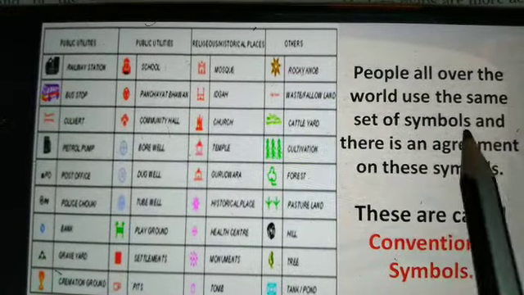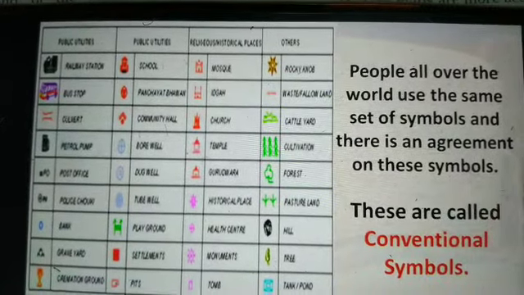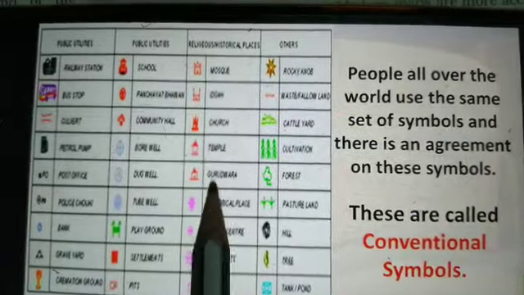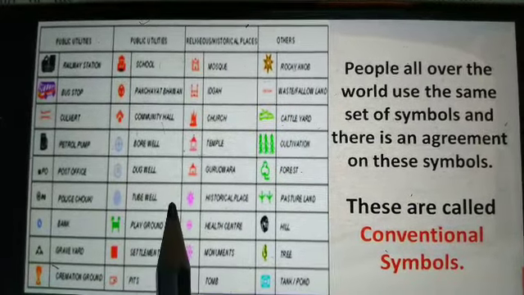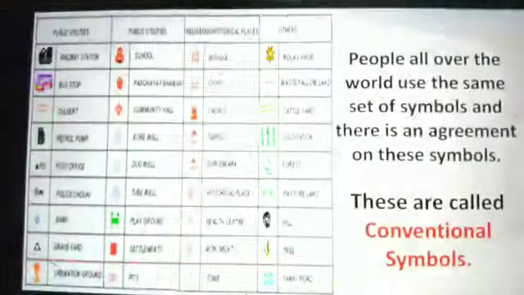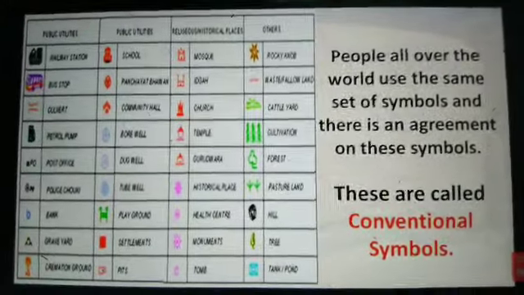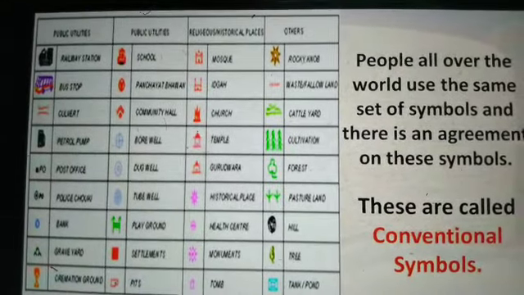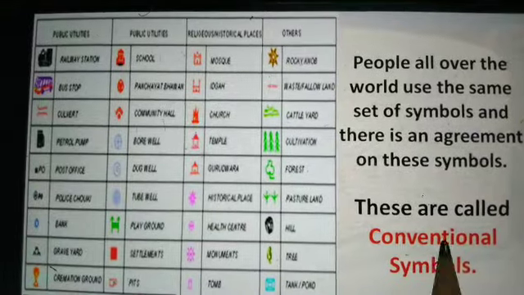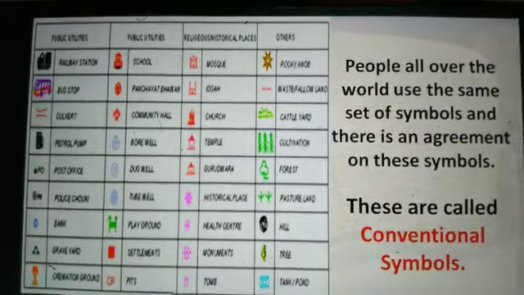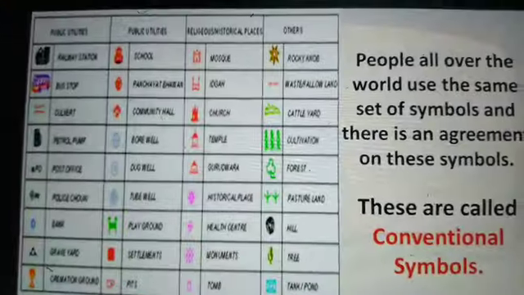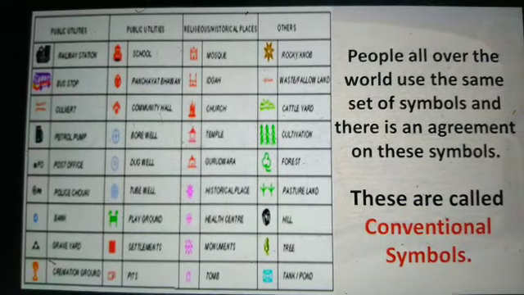There is an agreement that everywhere people have to use this set of symbols. So these are known as conventional symbols. You can find them in your map also. Some conventional symbols have been shown here.